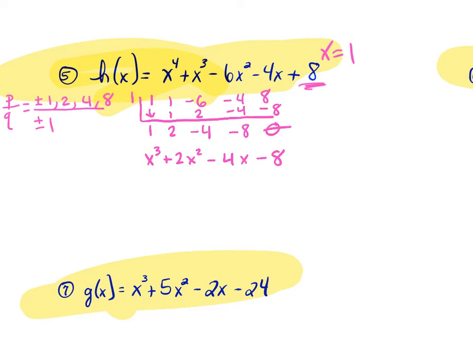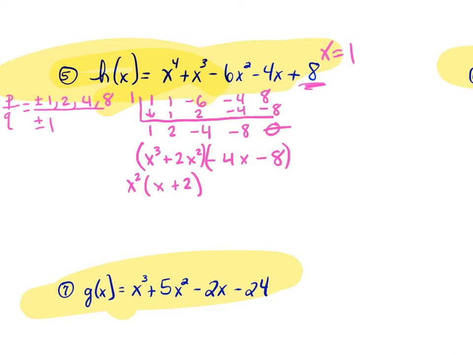We can do our P over Q again, but can we factor this any other way? Grouping. We can factor it by grouping. So we're going to group our first 2 and our second 2. What do we have in common in our first 2? X squared. So then we're left with x plus 2.